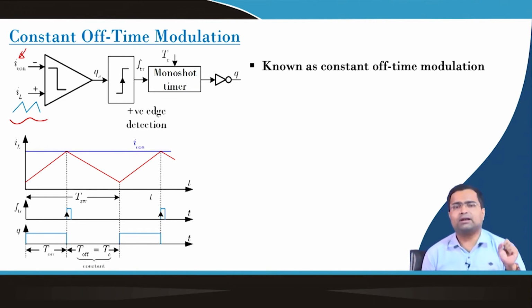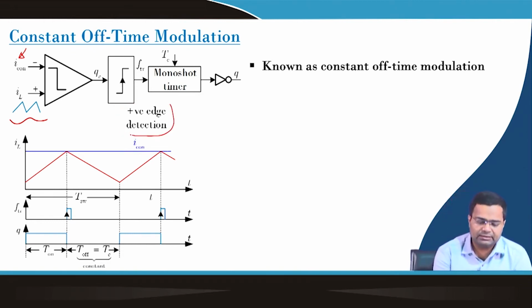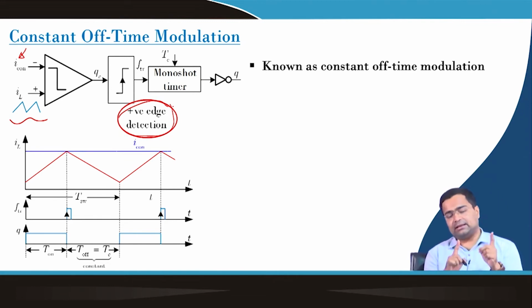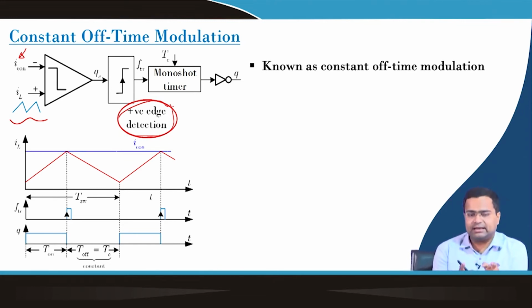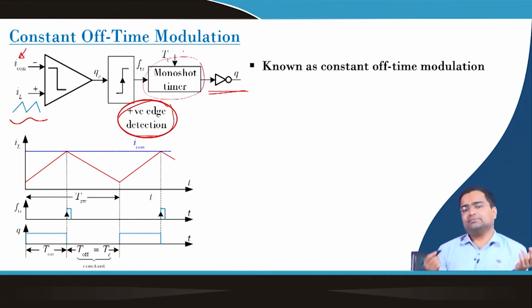At the output of the comparator we are placing a positive edge detection circuit, and then this edge acts as an input to the monoshot timer. Here we are inverting that because we are using this as an off time, not the on time.